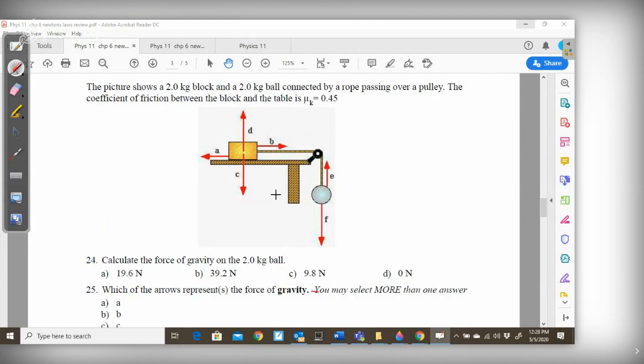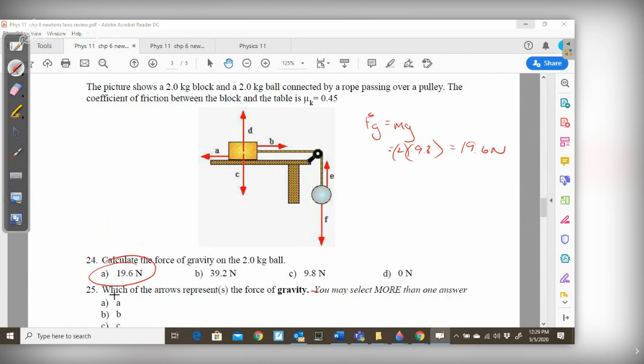They're going to ask us questions. But again, make sure that you're answering the question they're asking. Because the first one is calculate the force of gravity on the 2-kilogram ball. Force of gravity, how do we calculate that? F g is equal to mg. So we're going to have 2 kilograms times our 9.8, so that's equal to 19.6 newtons. Force of gravity on this, 19.6 newtons.